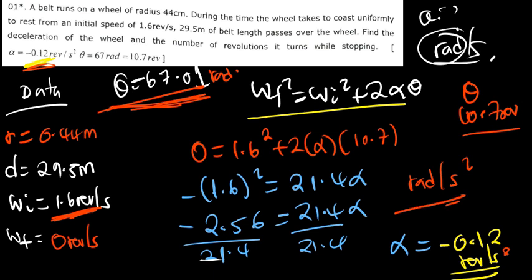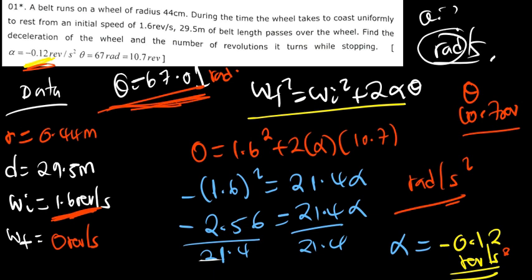Now, how do you know whether to leave your answer in rad per second squared or in revolutions per second squared if you have not been told which to use? Sometimes they are going to ask you to leave your answer in rad per second squared or in revolutions per second squared. But what if they don't mention?